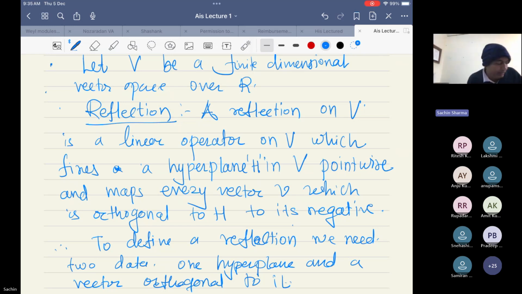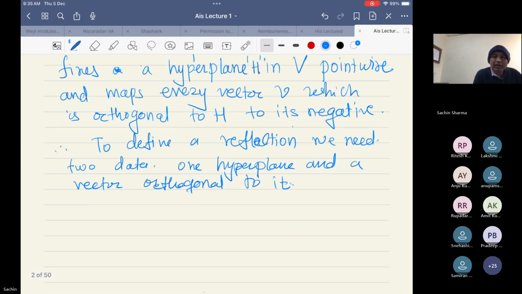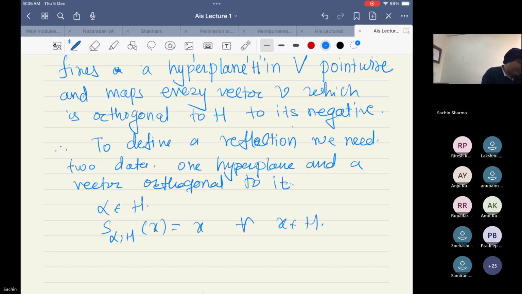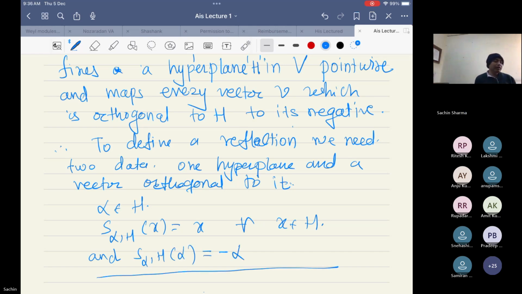What do you mean by hyperplane? Does everybody know? It is nothing but a codimension one subspace. Suppose alpha does not belong to H. Then you have S alpha,H defined on V by S alpha,H of x equals x for all x belonging to H, and S alpha,H of alpha equals minus alpha. So this is a very nice linear operator.